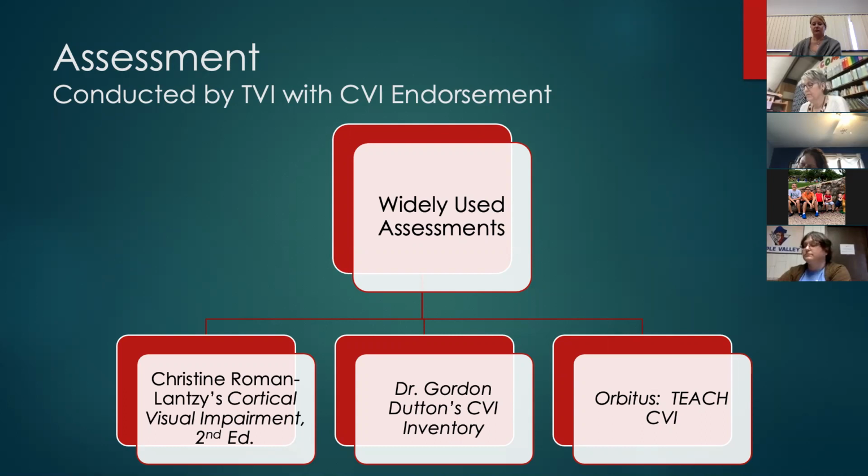It involves talking to the parents and the teachers and whomever else may be working with that child. So it's important that you know about these different kinds of assessments. There are many more out there. These are what's most widely used in the United States, but there are other ones as well that are very good.